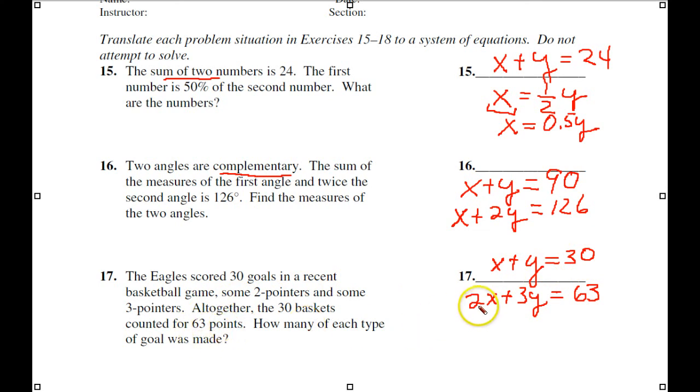Well, what does a 2-pointer count as? Well, 2 points. And a 3-pointer counts as 3. And the total is 63. So we have set up systems of linear equations in two variables that match what's over on the left there.